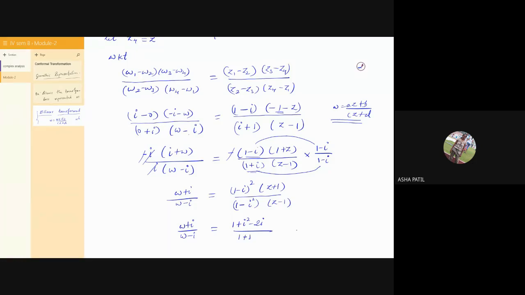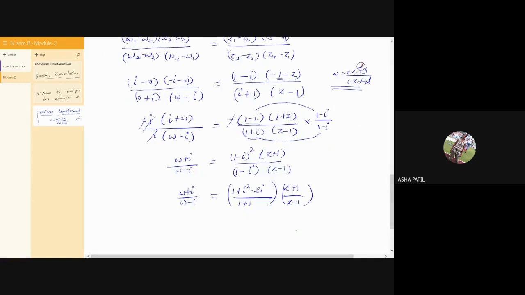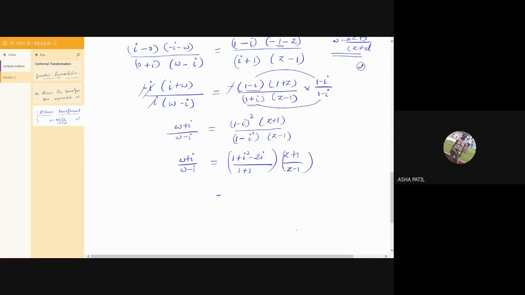So it becomes 1 plus 1 into Z plus 1 divided by Z minus 1. So what it becomes? I square is minus 1, plus 1 and minus 1 cancels, minus 2I divided by 2 into Z plus 1 divided by Z minus 1. So 2 again cancels. Minus I is there.